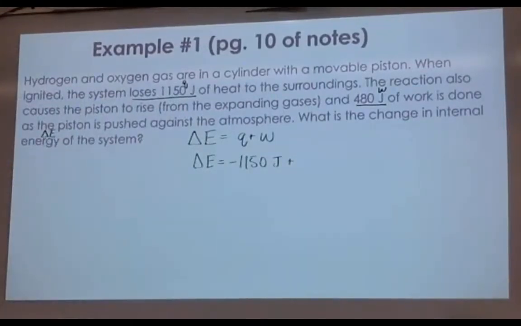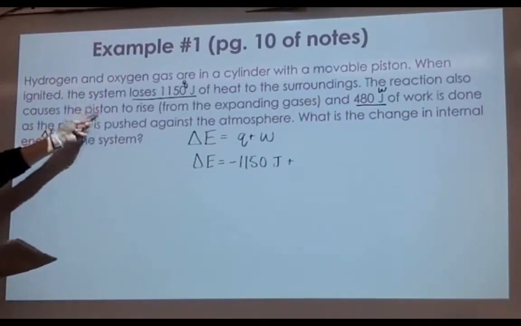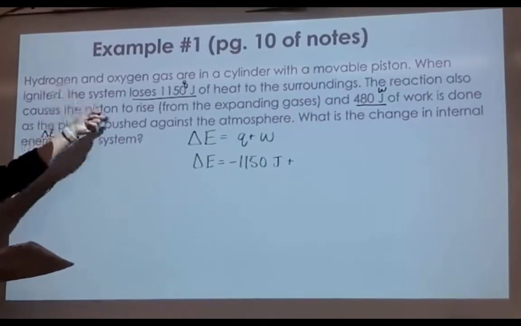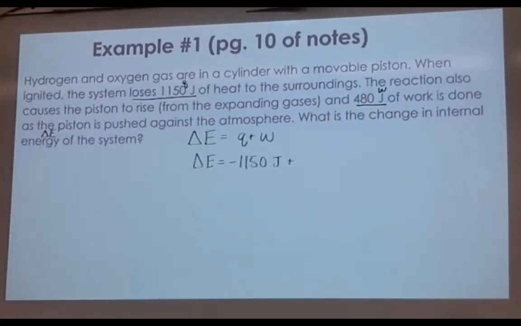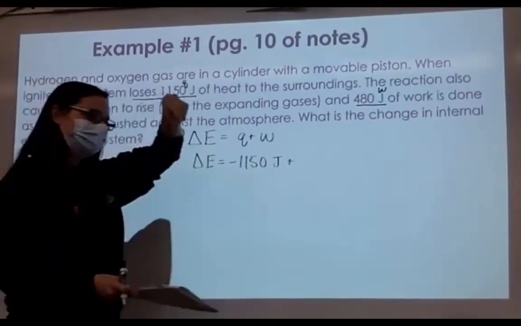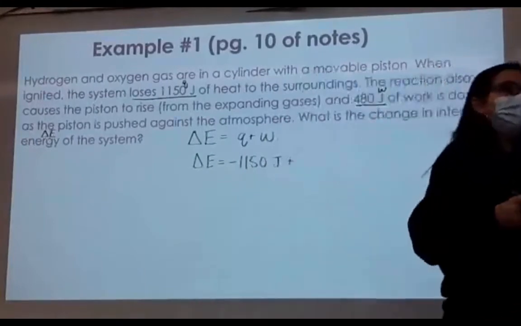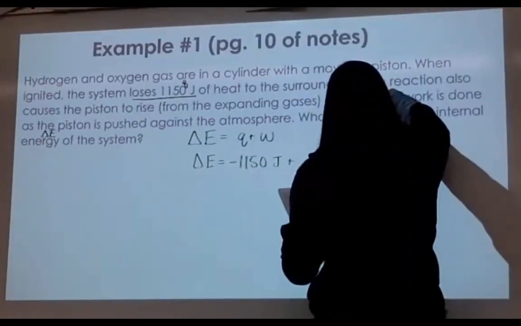Now work is a little bit more difficult, but it says that the piston rises, which means work is being done on the system. The system is this piston that can move. So if work is being done on the system, energy is going into the system, this will stay positive.